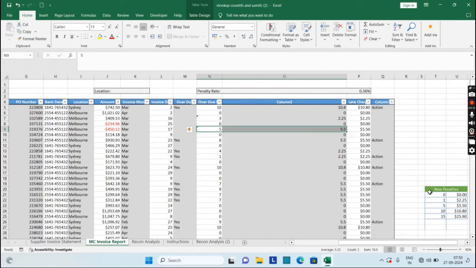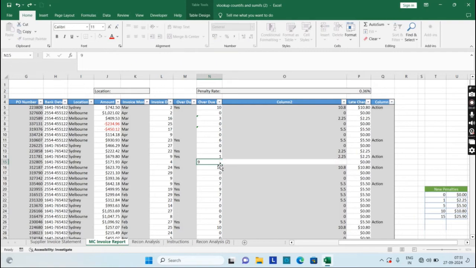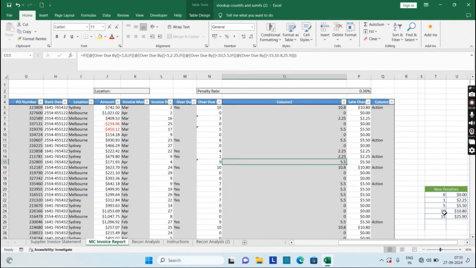So how to read this table is very simple, that always check the values in the row above. But whenever the exact value is coming, for example 5, then up to 4 you will read 2.25, but for 5 you will read 5.50. Similarly, say I am writing here 9. For 9 you will get a value of 5.5, right?